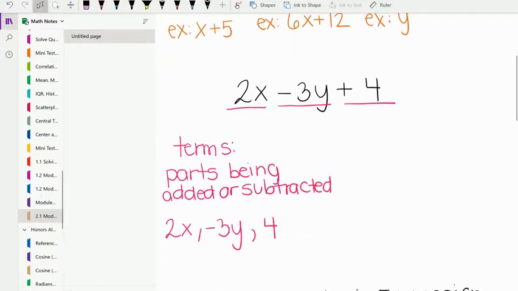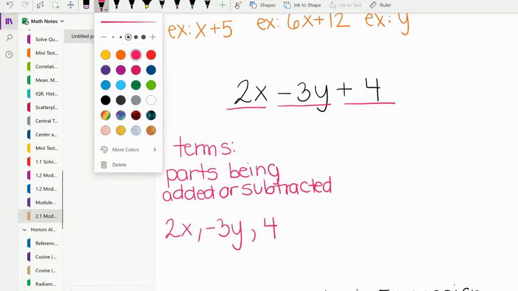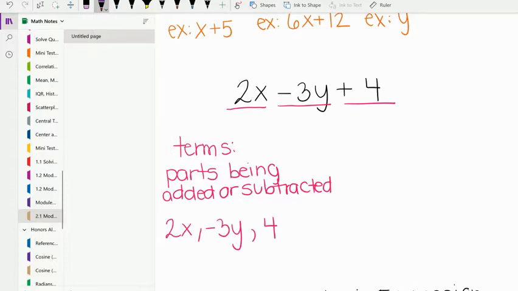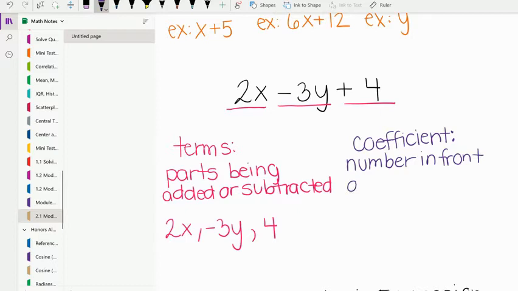The other vocab word that we are going to look at is coefficient. Some of you might have heard this word before. A coefficient is the number in front of the variable. Remember, a variable is just a letter.